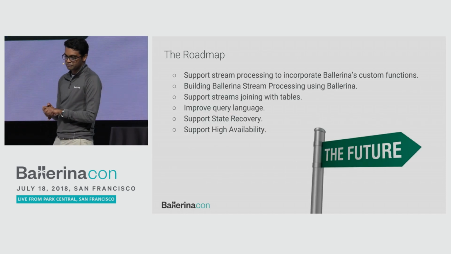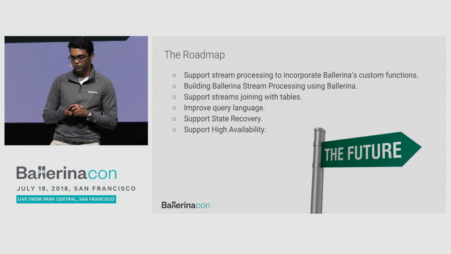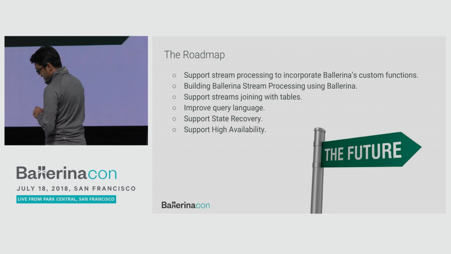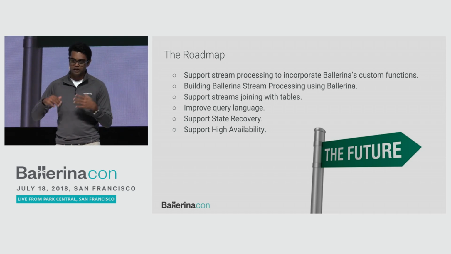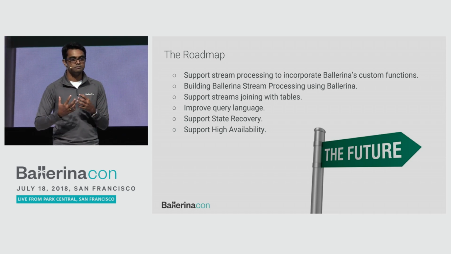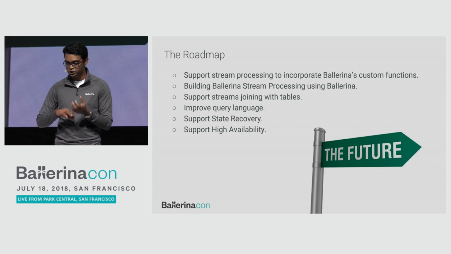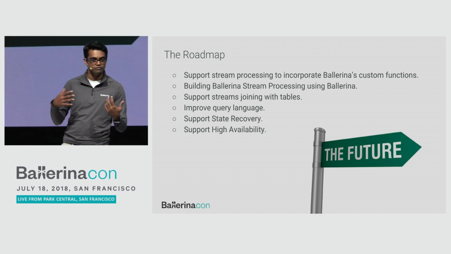So those are the major features that we have, and on the roadmap, we are also making Ballerina better. Currently, we have some of the stream processing concepts bound into a Java-based programming environment.